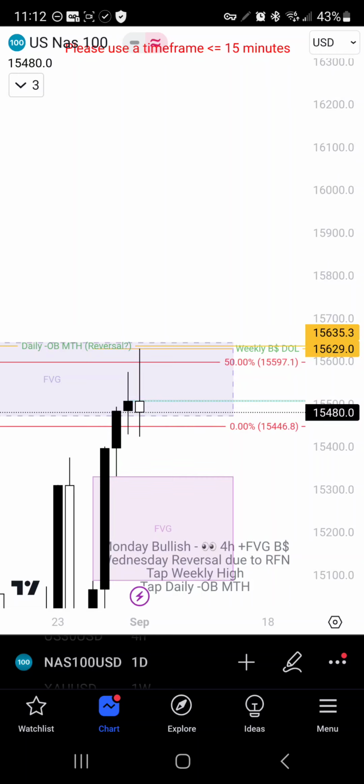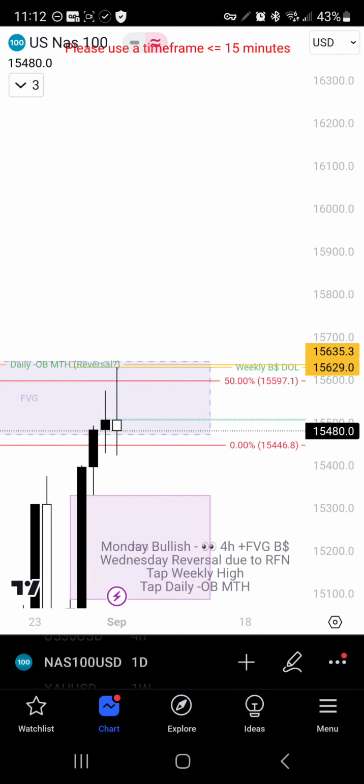But what did Friday's candle do? It swept Thursday's low, came up and closed above it. So again, with the previous candle rules, in that type of situation I'm looking for the high of the current candle that closed to be traded into.